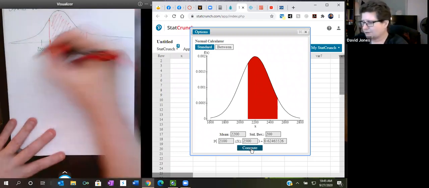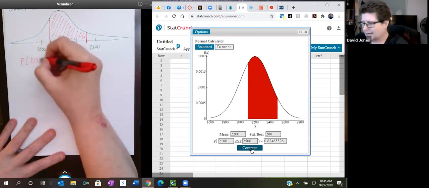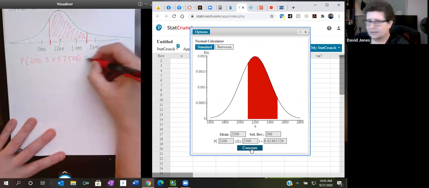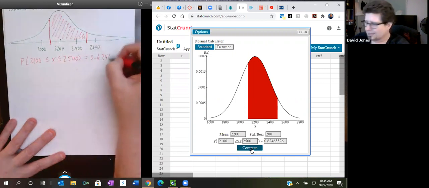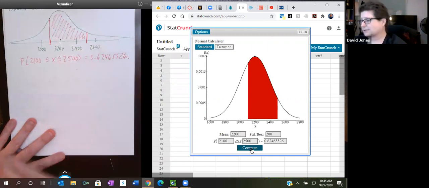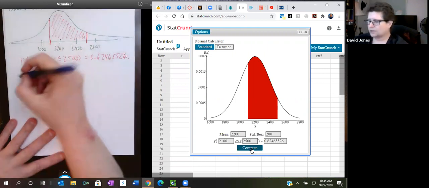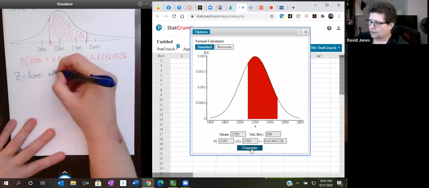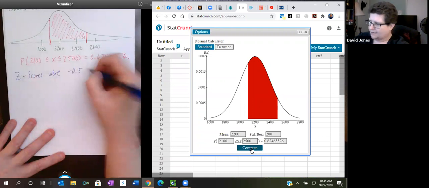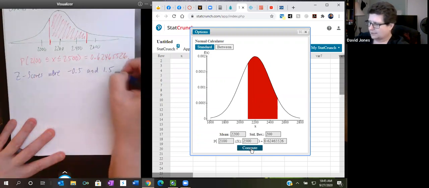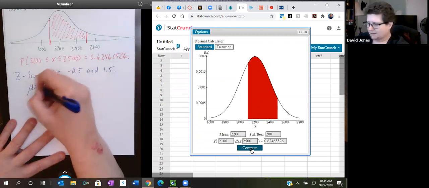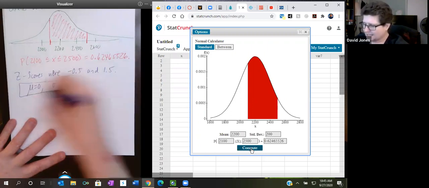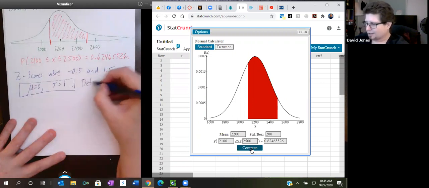And StatCrunch is telling us the probability of that is 0.62465526. The z-scores were negative 0.5 and 1.5, and we have a mean of 0, standard deviation of 1. This is the default setting in StatCrunch.